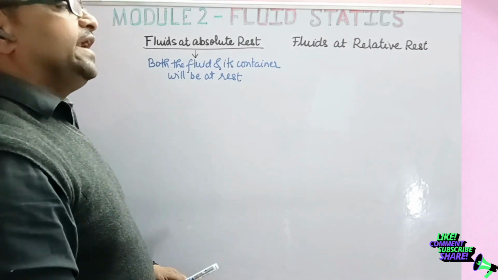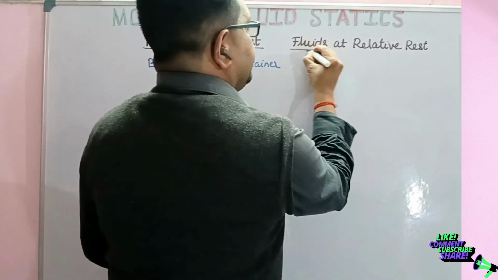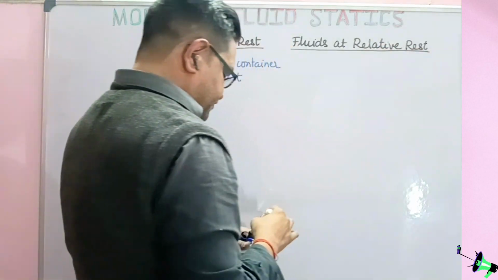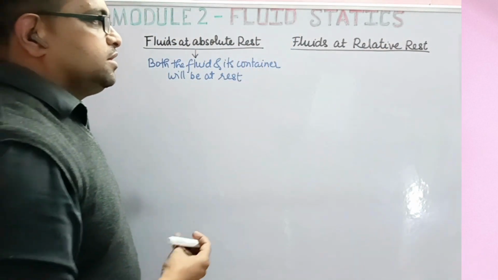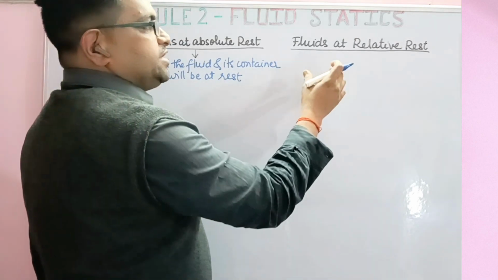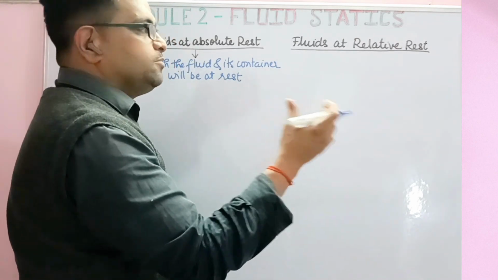Now, fluids at relative rest. By relative rest, we mean that the fluids will be at rest. However, the container which is containing the fluid will be in motion. So, together we will study the fluid and container as a rigid body, or we will study the rigid body motion.